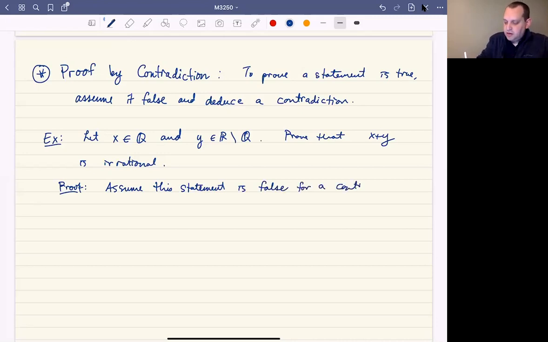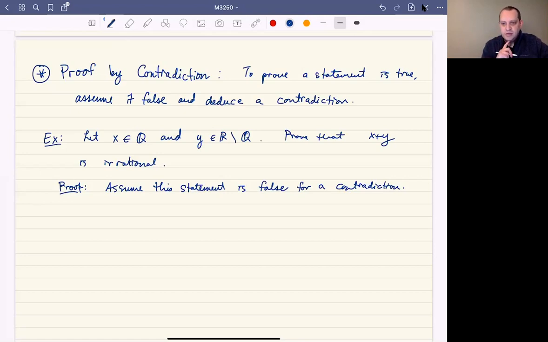And I like to actually write in the word contradiction in the first sentence just so that it's clear. Again, this is leaving that breadcrumb trail that I like to talk about. I like to make it very clear to the reader what our strategy is, how this is going to work, and where we're going to go from here. So we're going to assume that the statement is false in order to deduce a contradiction.